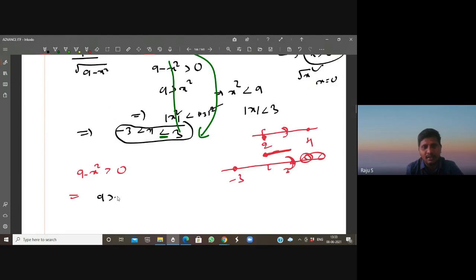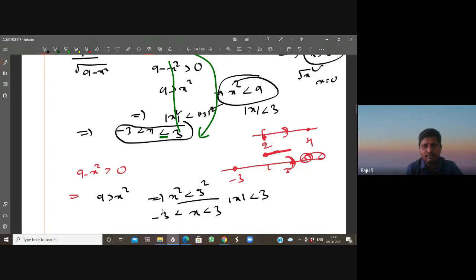So 9 greater than x square, nothing but x square lesser than 9. 9 can be 3 square. Already we have done this. So this is nothing but modulus x lesser than 3, nothing but minus 3 lesser than x lesser than 3, or else the open interval minus 3 to 3.